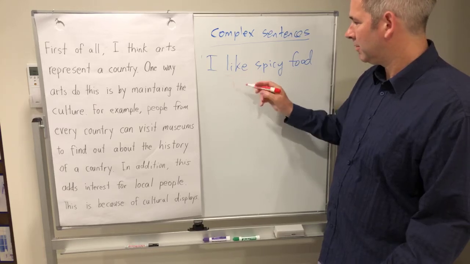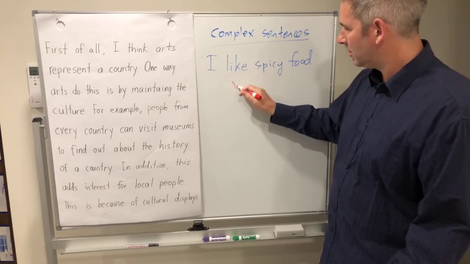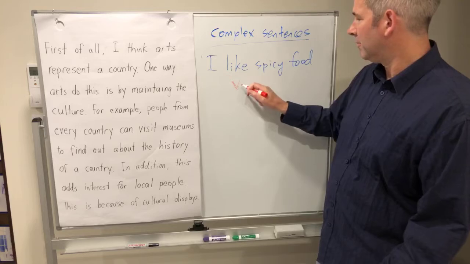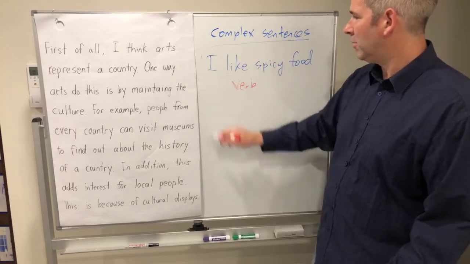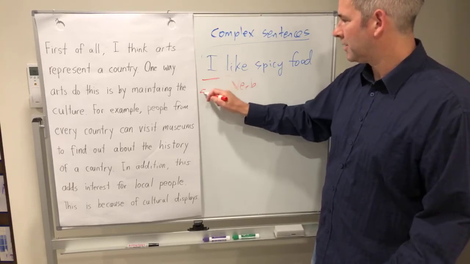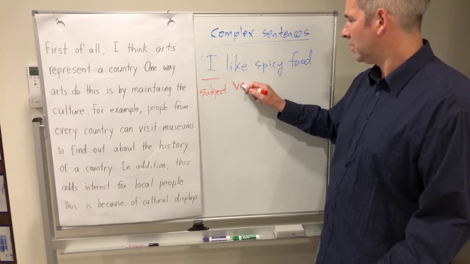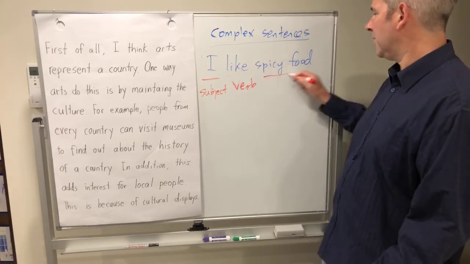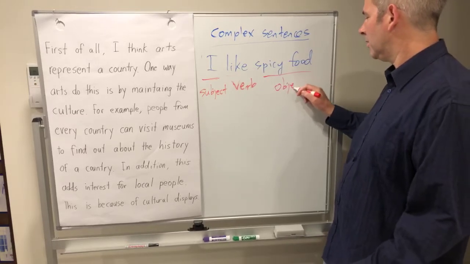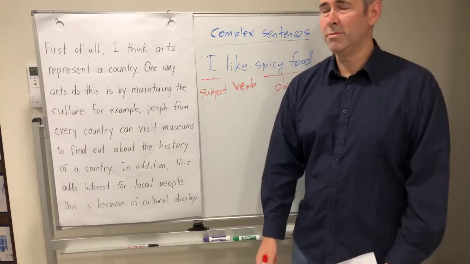What's happened here? Believe it or not, this is a new pen. Right, so, okay, we've got a verb and we've got a subject. Now, we also have an object. Not every clause has an object, but anyway.